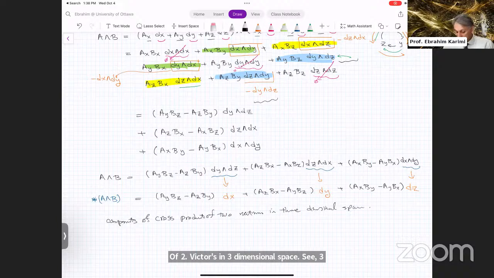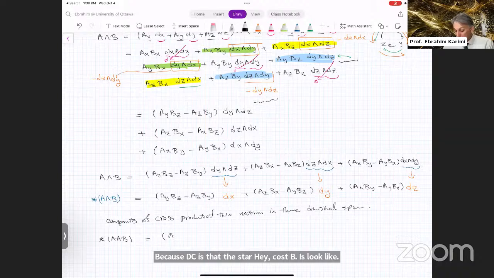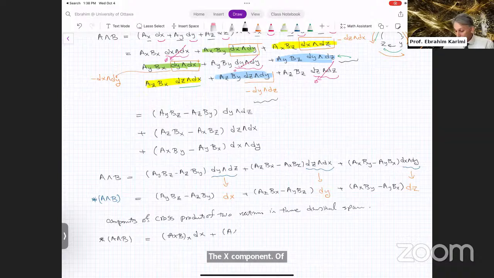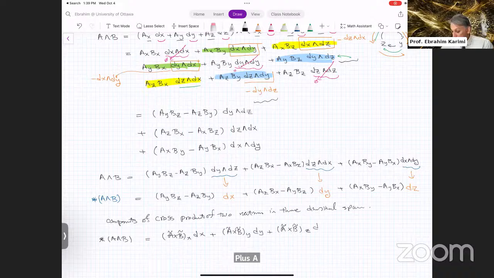Because the star of A wedge B looks like A cross B: the x component of dx, A cross B, let's write it as a vector just to give you something to remember, of y dy plus A cross B of z dz.